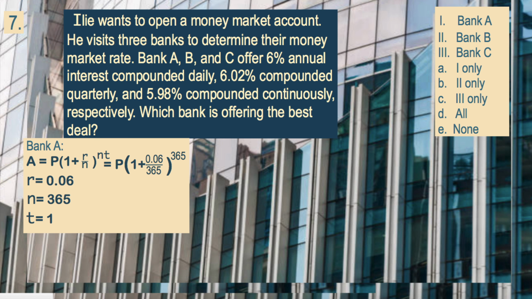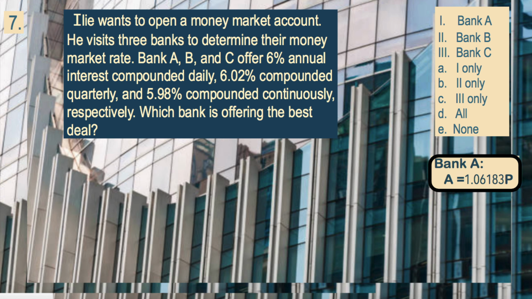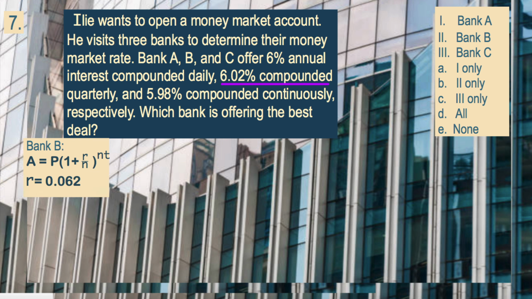This equals principal times the quantity 1 plus 0.06 over 365 raised to the power 365, which is equal to 1.06183 times our principal. So we jot that down to our side. Bank A's amount is equal to 1.06183 times the principal.